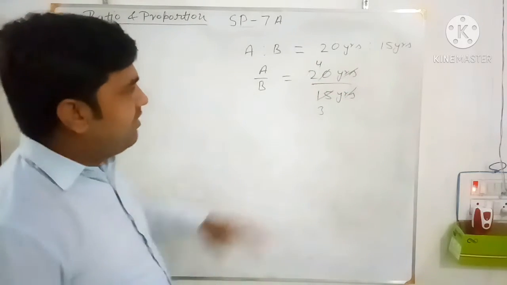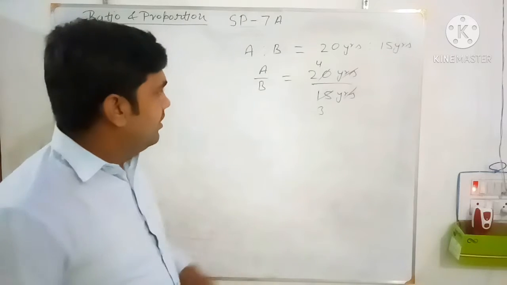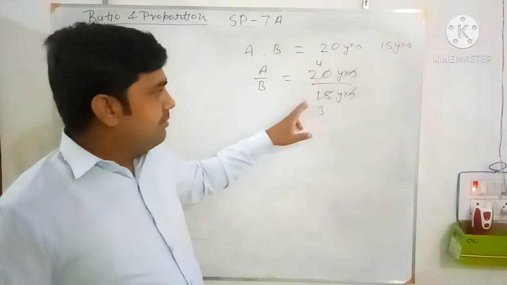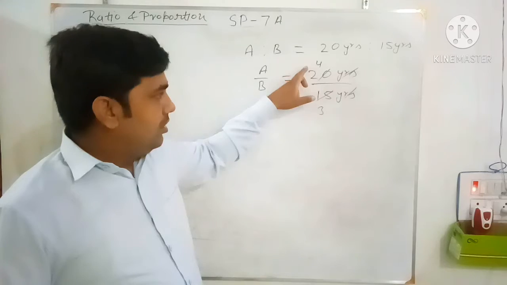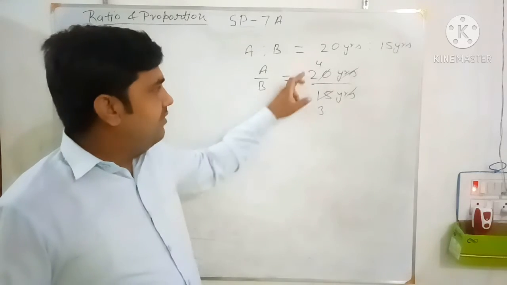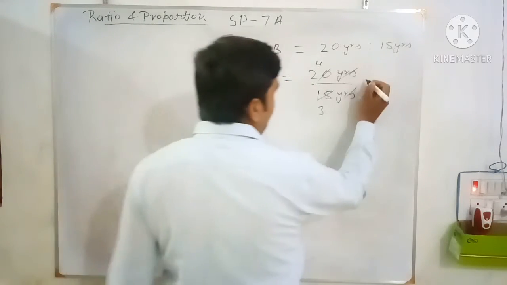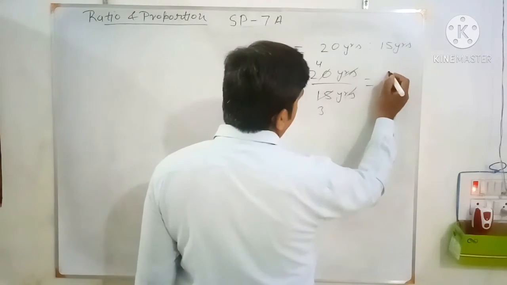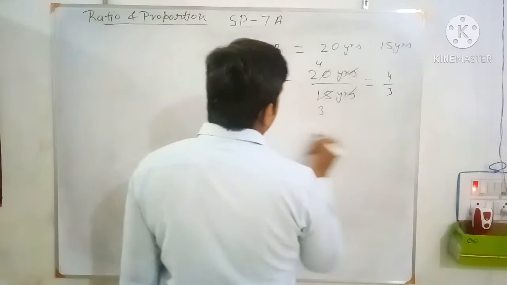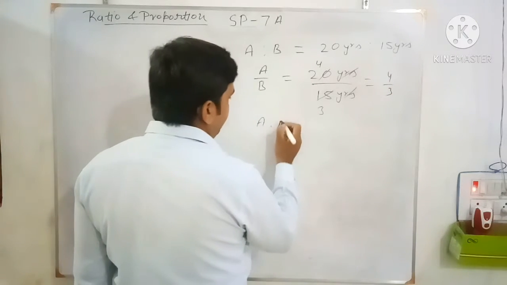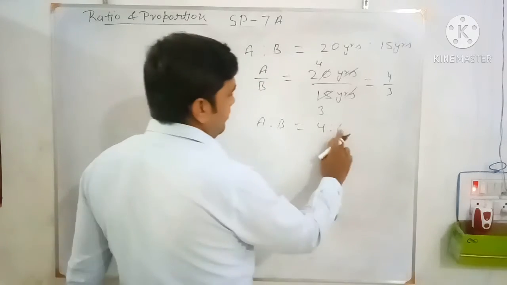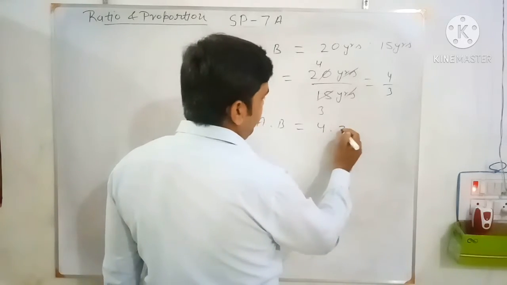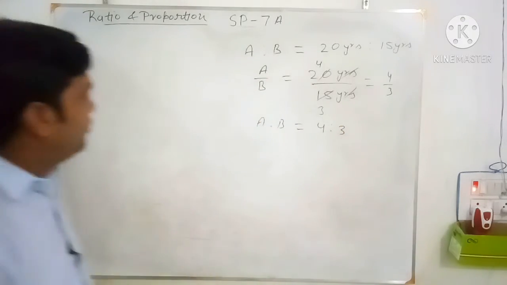So a ratio is a simplified quantity, with no common factor other than 1. The ratio of the ages of A and B is 4 by 3, so A is to B equals 4 is to 3.